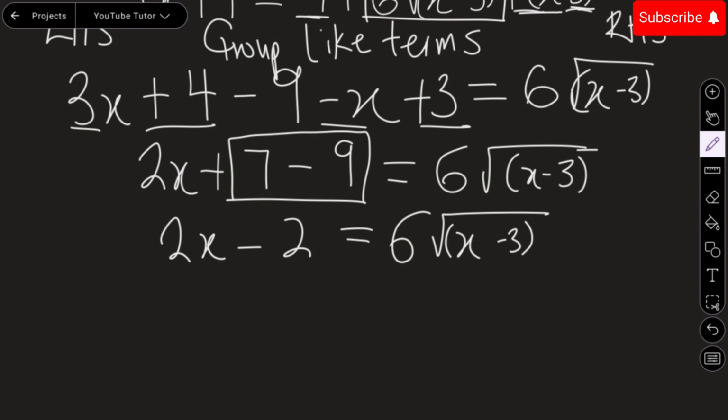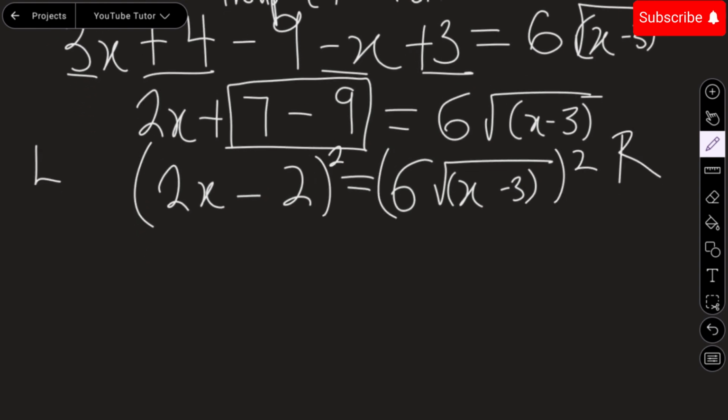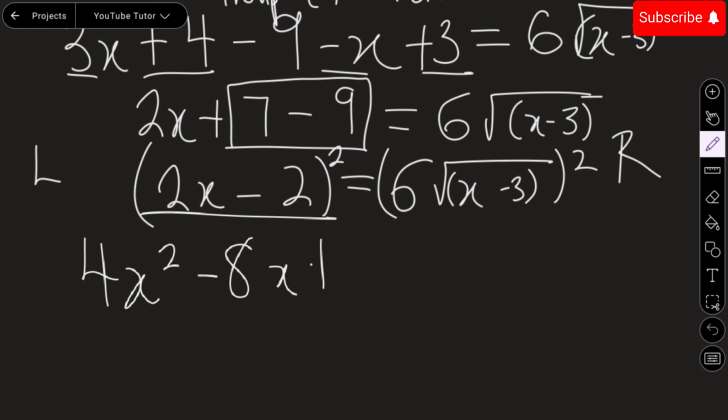Now what we can do to eliminate this square root and solve the equation properly is to square both sides of the equation. So both the left and the right have been squared. Now for squaring this, we are going to get an expression of 4x squared minus 8x plus 4.